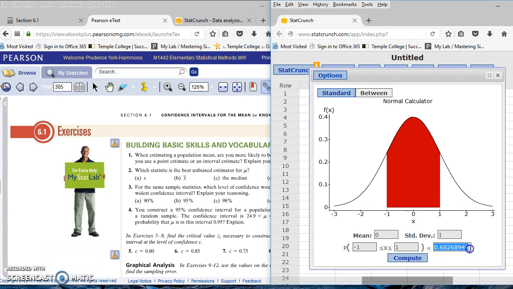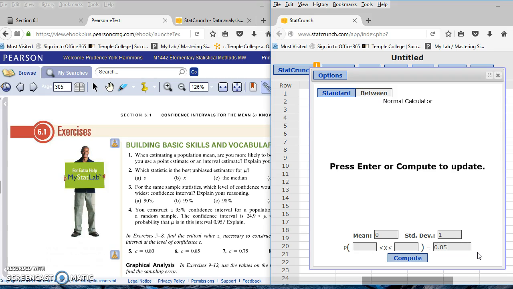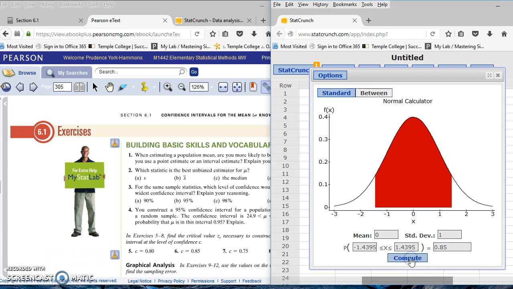And the area under the curve that corresponds to C equal 0.85 is 0.85. That would be the same as a confidence level of 85%. So the Z value that we're concerned with would be 1.4395. And if you rounded it to, say, 2 decimal places, that would be 1.44. Much like what you would get if you were looking on a Z table. But it's just a little easier to use your normal calculator from Statcrunch.